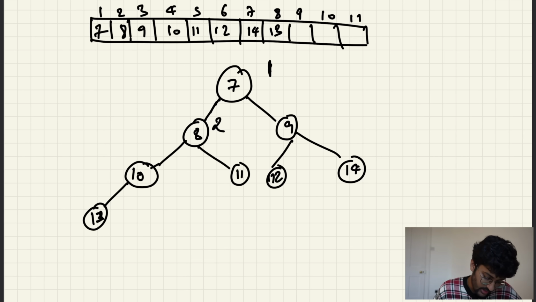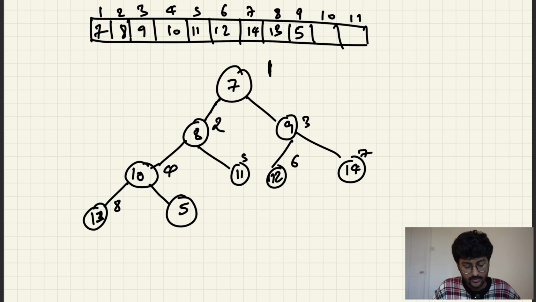13 here, and let's say after that I insert 5. So let me just write this down: 1, 2, 3 index, 4th index, 5, 6, 7, 8 index. Now I insert 5, at index number 9, and that is violating the condition.